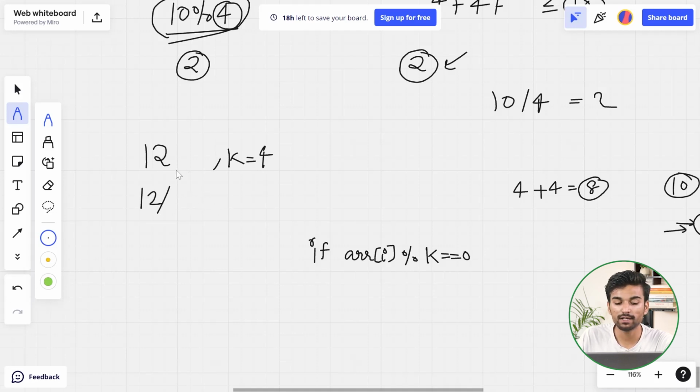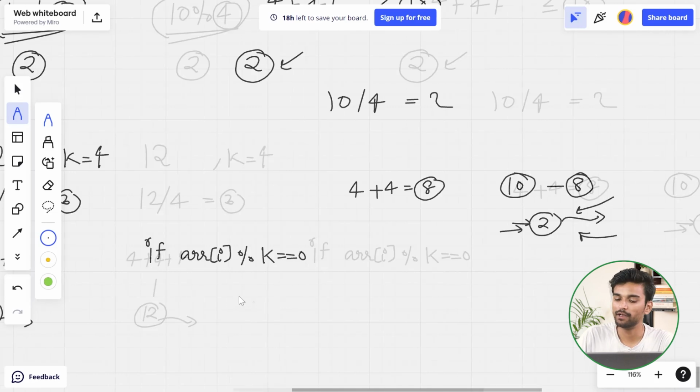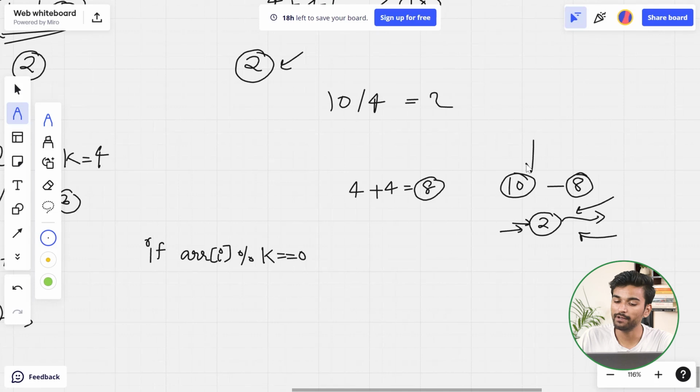Divide 12 by 4, it will give you 3. If you add 4 plus 4 plus 4, it gives you 12. So there is no need to add any extra value.